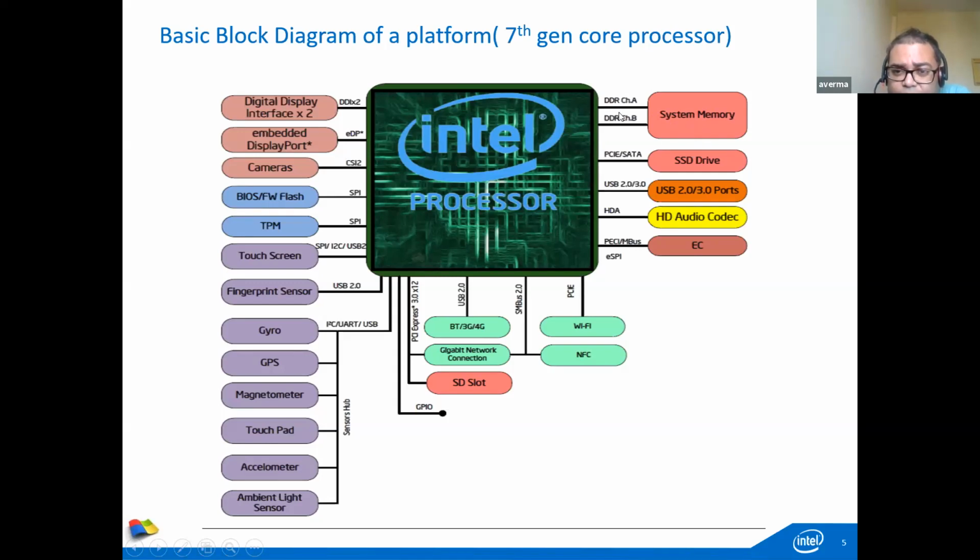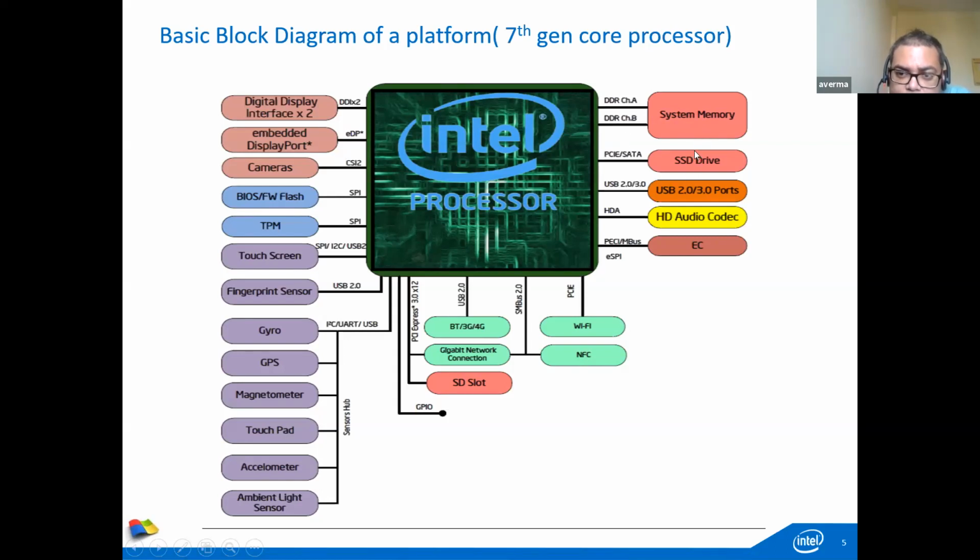What is DDR? It's basically double data rate. It's one kind of industry standard that sets the protocol for how to communicate to the memory. So you will have this interface, right? And then you need to have the controller inside the SoC or microprocessor which can communicate to the system memory through this DDR channel A, channel B.